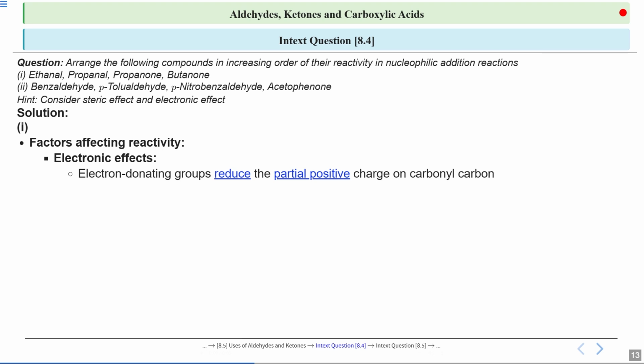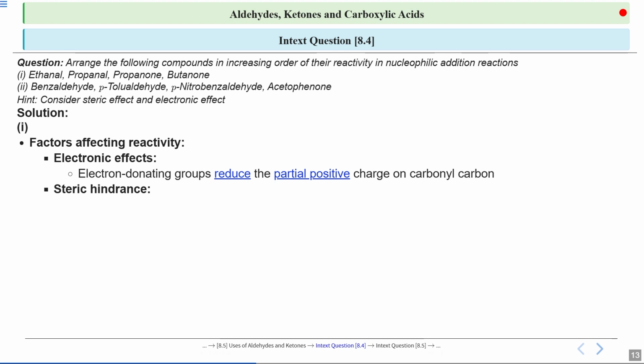But if you add electron donating groups, these electron donating groups increase the electron density on the carbonyl carbon. As a result, the electrophilicity of the carbonyl carbon is reduced. Okay, so its positive charge, or the electrophilicity of the carbonyl carbon, is reduced.